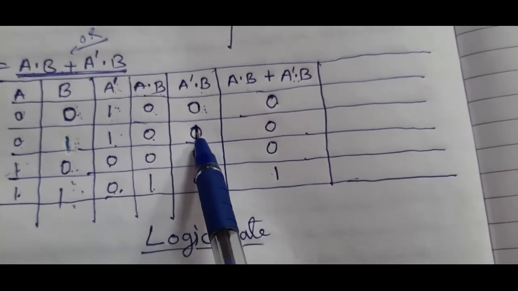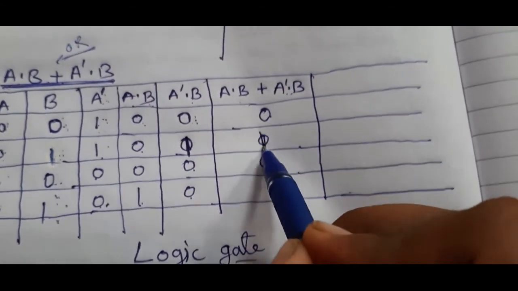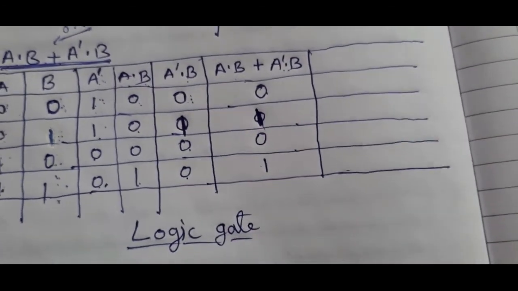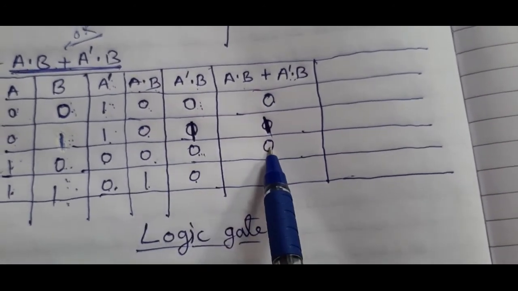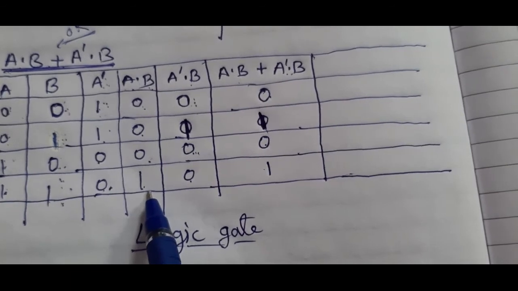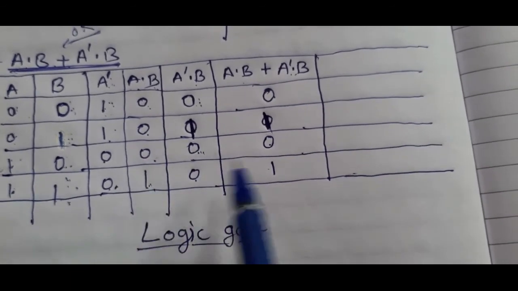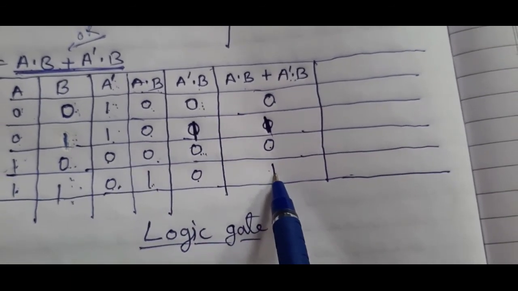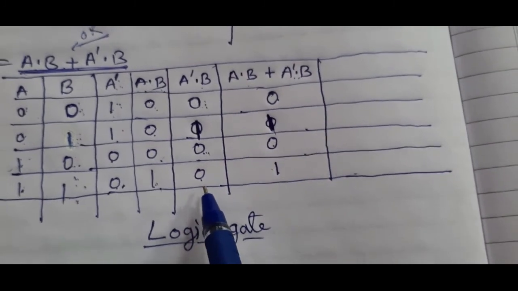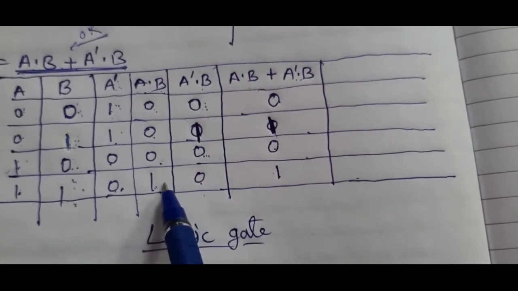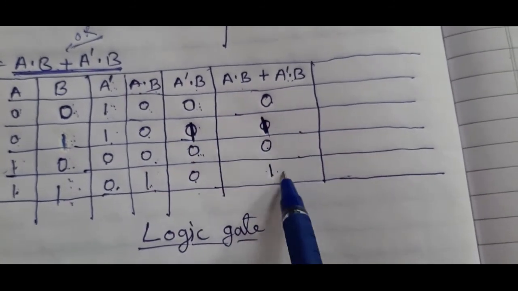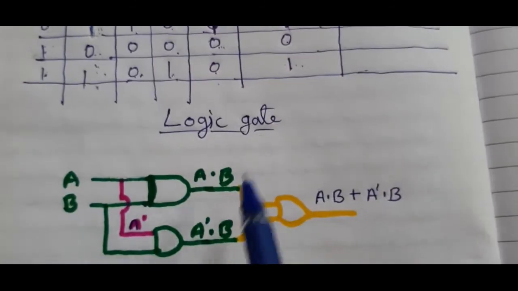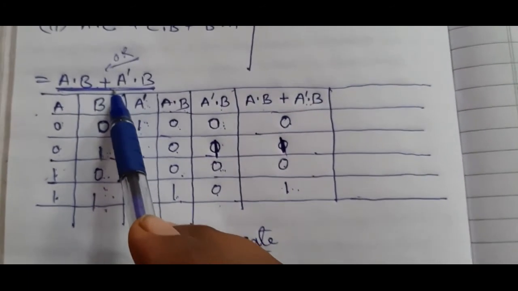One is positive, so again it will be positive here. After that again both are negative, so it is negative, and at last one is positive, so output will be positive, because in OR condition if any one is positive we get positive output. Now see the logic gate of this equation or function.